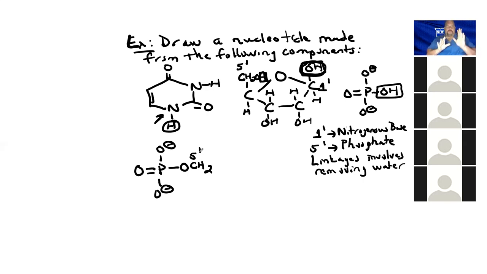The phosphorus becomes connected to the oxygen on carbon 5 prime, to give you what type of functionality? To give you what is known as a phosphate ester. P double bond O, O, C, phosphate ester. Then I'll fill in the rest of the sugar.